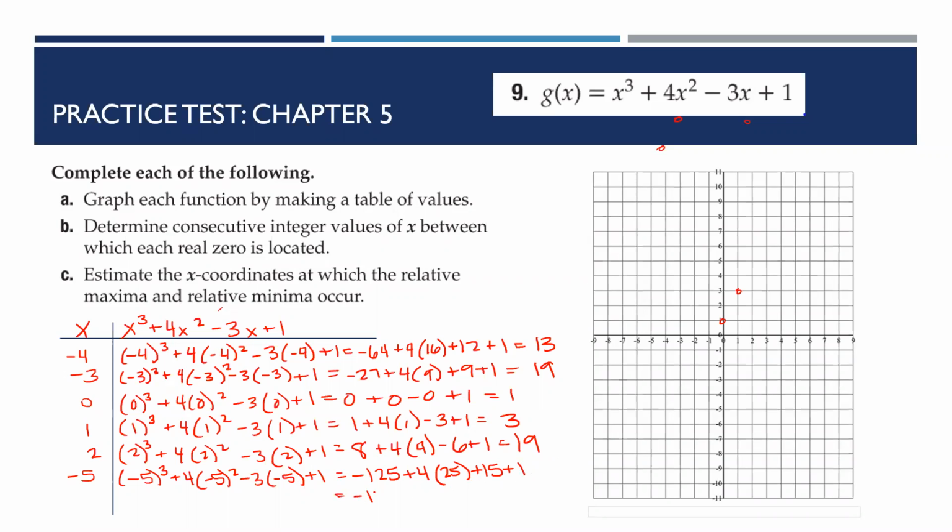And this ends up being negative 125 plus 100 plus 15 plus 1. So negative 125 plus 100 is negative 25, plus 15 is negative 10, plus 1 would be negative 9. Okay, so when x is negative 5, y is negative 9 here.